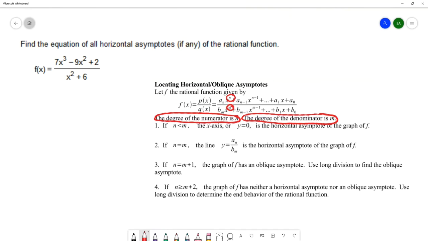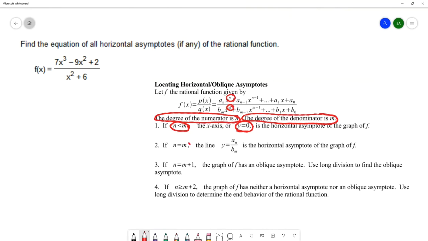And all of the rules are based on comparing those values of the degrees. So in this first one here, it says if the degree of the numerator is less than the degree of the denominator, then we're going to have a horizontal asymptote of y equals 0.